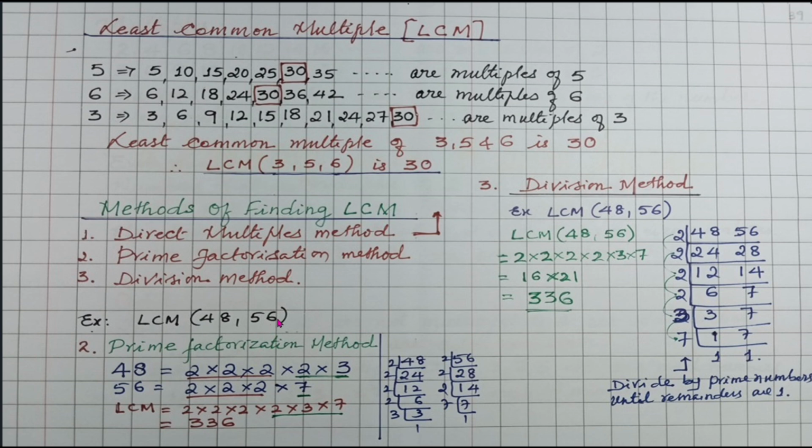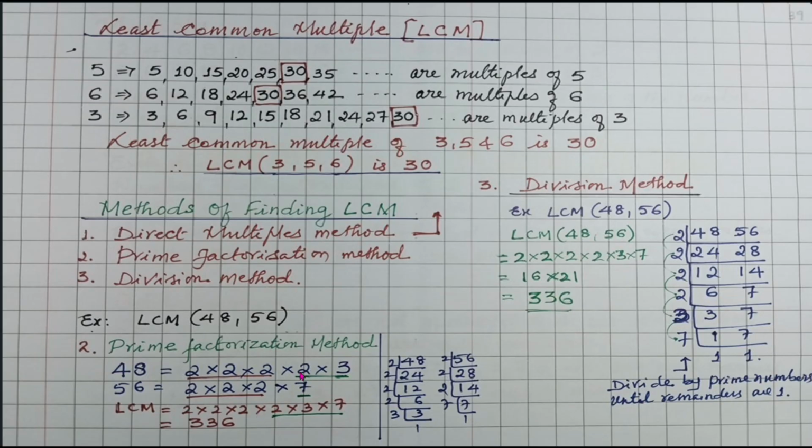LCM of 48 and 56 by the prime factorization method. Let us write the prime factors of 48: 2 into 2 into 2 into 2 into 3, which we get by dividing 48 by prime factors, and the prime factors of 56 are 2 into 2 into 2 into 7. Now take the common prime factors 2, 2, 2, that means three 2s are common.